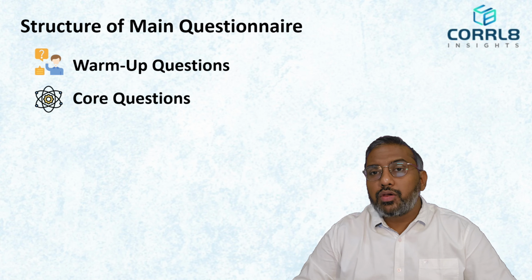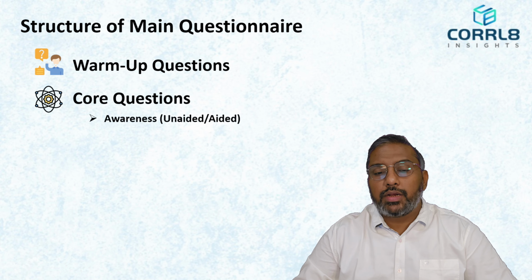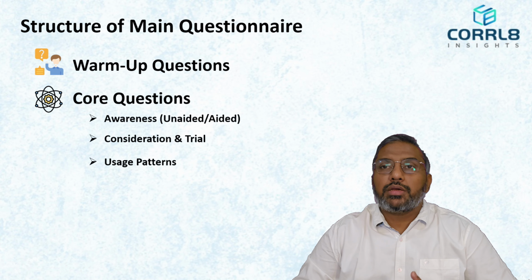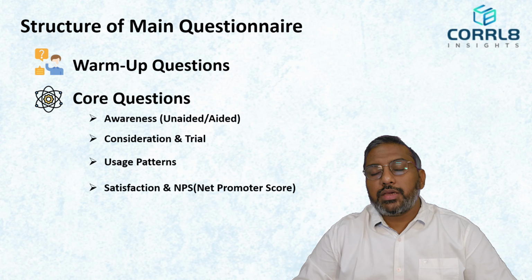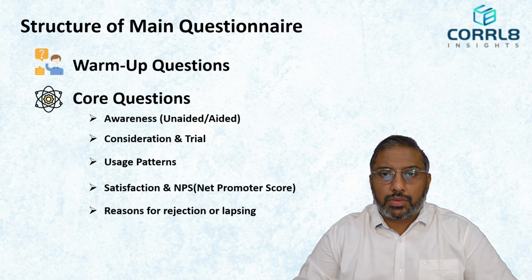This is followed by core questions that are directly linked to your research objectives. There could be questions based on unaided and aided awareness, consideration and trial, usage pattern, satisfaction and NPS or Net Promoter Score, reasons for rejection or lapsing, and so on.